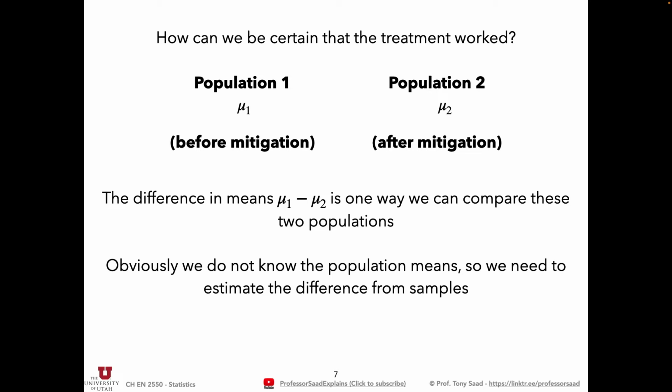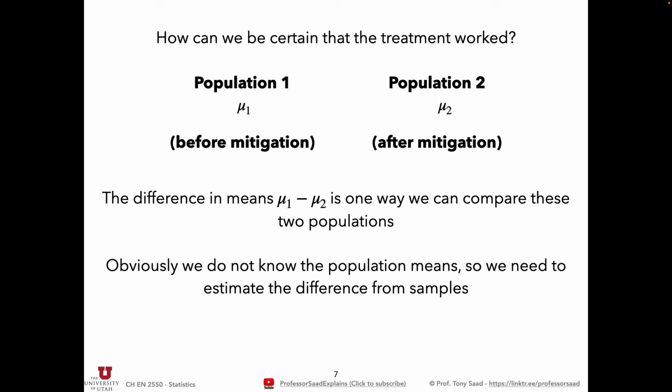But if that difference is very close to mu1, it means my mu2 is very small. Then that difference can tell me something. The point is that difference will tell me something about whether my treatment worked or not.